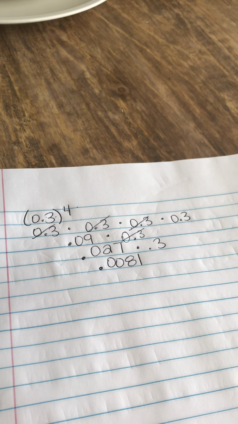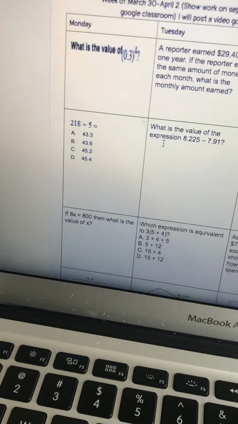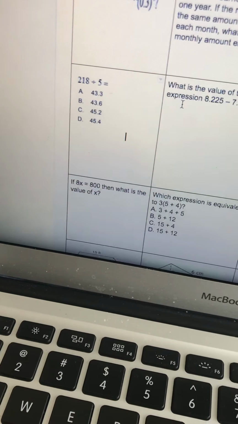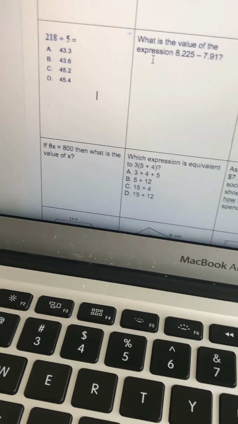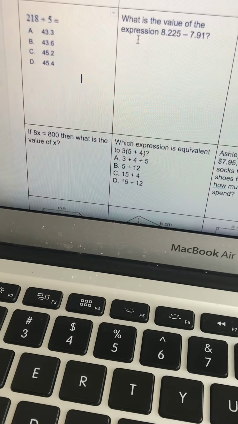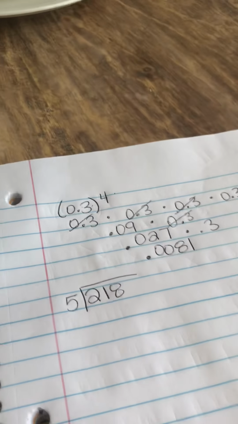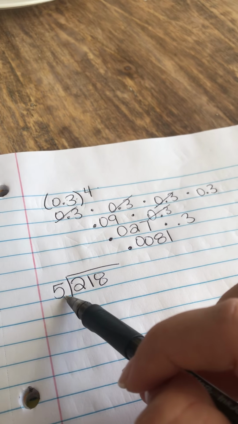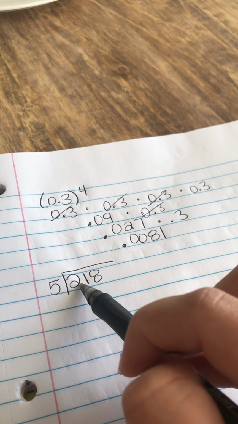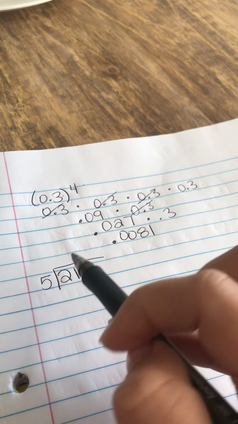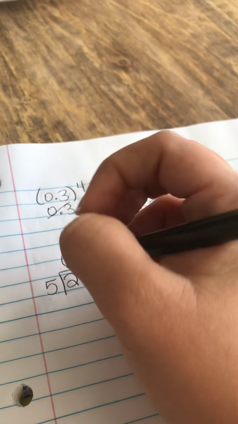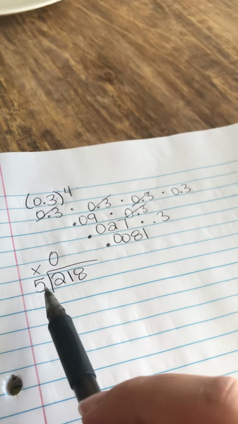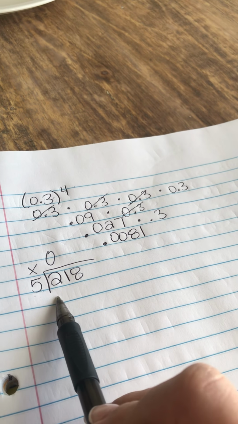All right, moving on, still with Monday, we had 218 divided by 5. Let's look at that. How many times does 5 go into 2? Well, 5 is bigger, so 0. Then we ask ourselves, how many times does it go into 21?